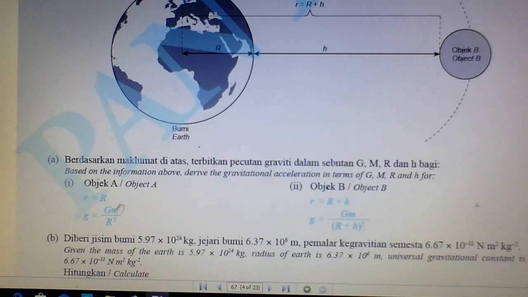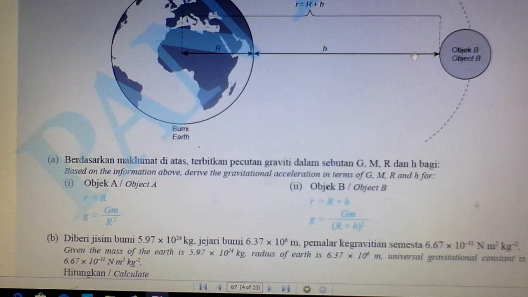This was wrong already, so make the correction, don't just copy down. This one should be G capital M divided by R squared.